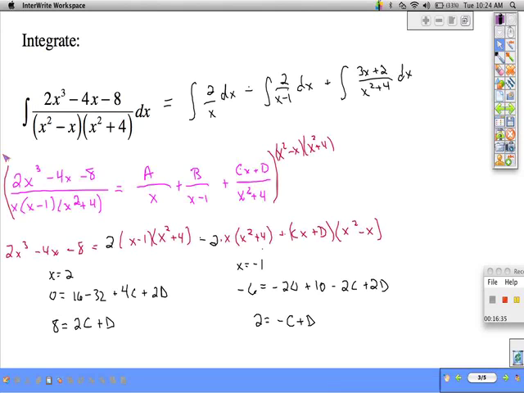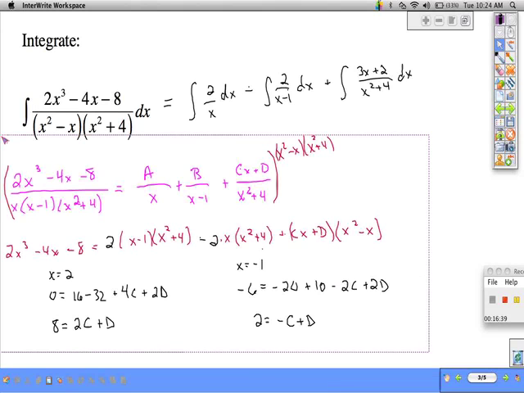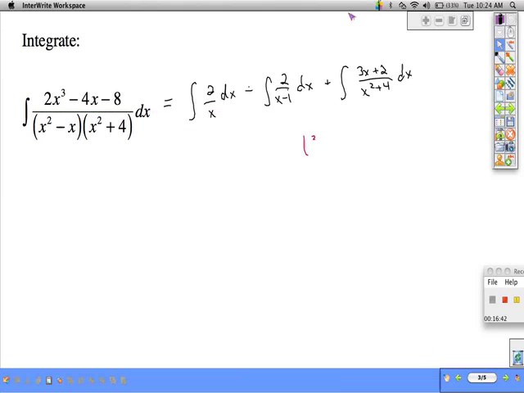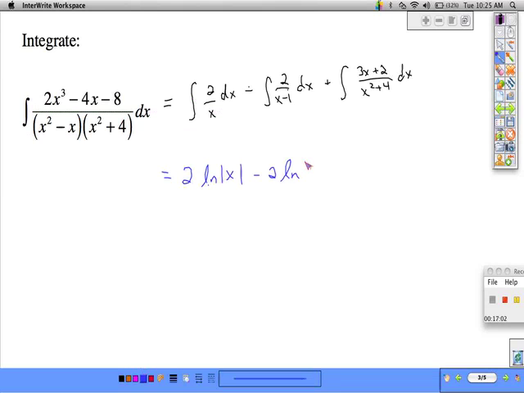Now we need to integrate. The first two integrals are fairly straightforward to compute. We have 2 times the natural log of x minus 2 times the natural log of x minus 1.